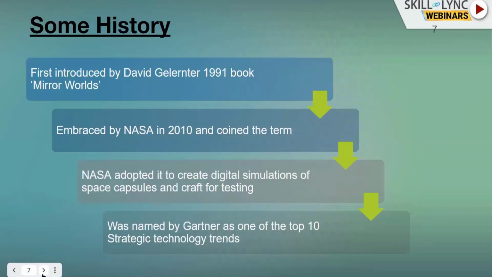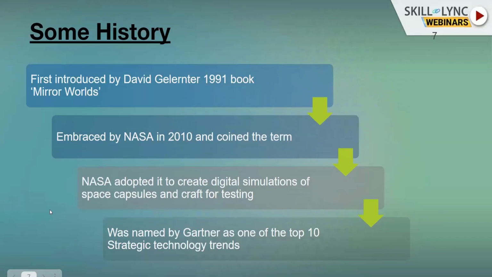So this is the history of the term digital twin. The concept was first introduced by David Gelernter in 1991 in his book called Mirror Worlds. It was there for quite some time, but it was not embraced in the industry at all.